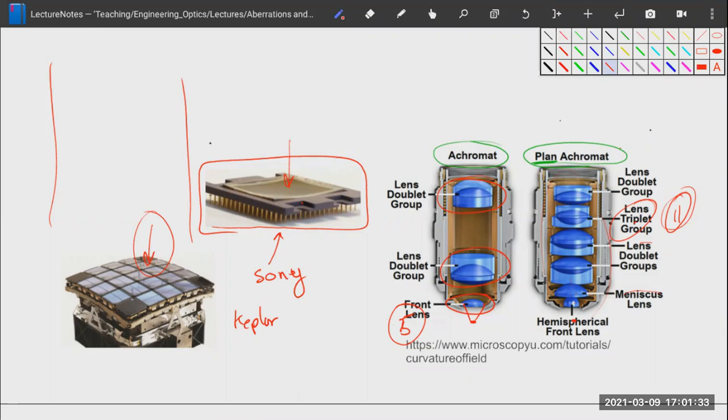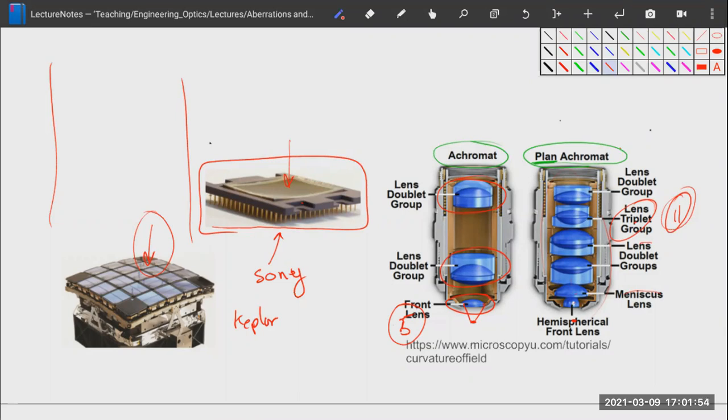You'll notice that this is not a result of the nonlinearity of Snell's law, right? And so the things you use to correct for chromatic aberration don't necessarily also correct for spherical aberration unless you're purposefully doing that.